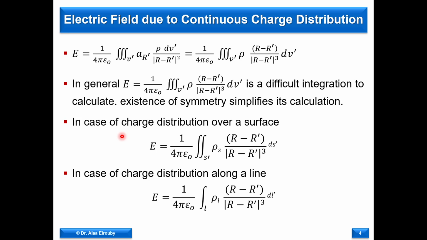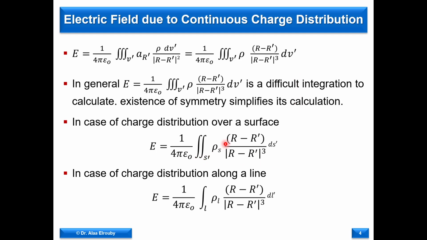Sometimes the charge is not distributed in a volume. Sometimes the charge is distributed on a surface, for example on the surface of a ruler, on the surface of a disk, or on the surface of some cloth. So this is a surface and we have some charge distribution. In this case, we can modify this general expression for the case of a surface.